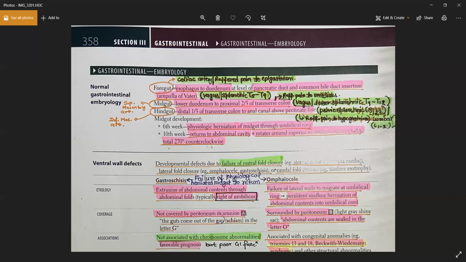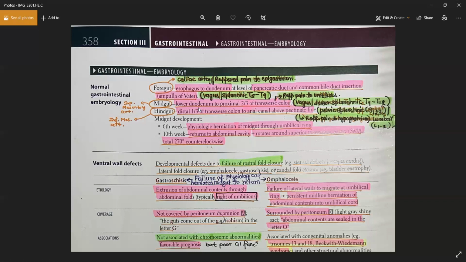For the parasympathetic, you have the vagus nerve, which is cranial nerve 10. Whenever you have any problem with the foregut, any kind of inflammation in any part of the foregut, the pain will be referred to the epigastrium. Very important.